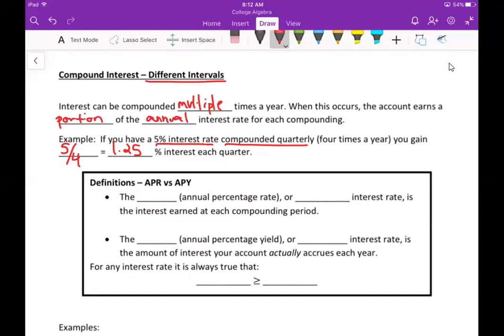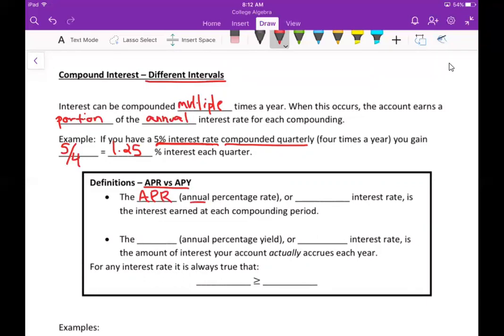Okay, but what this does bring up is the fact that this interest rate essentially that I'm going to get is going to change. I'm going to make more than 5% of my money in a year if it's compounded more often. That brings up a difference between APR and APY, which is a very important thing to look at in both investments and loans. What's reported there, that 5%, is the APR.